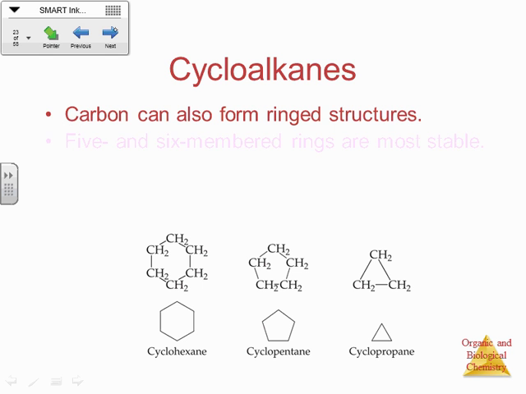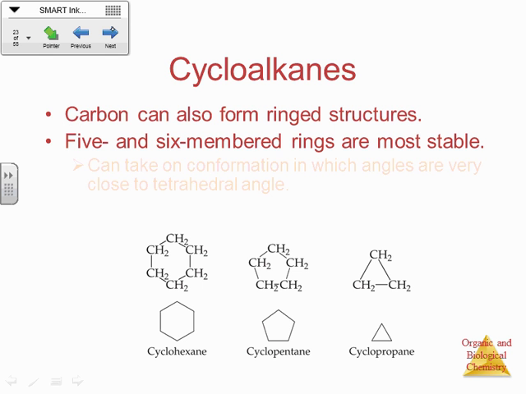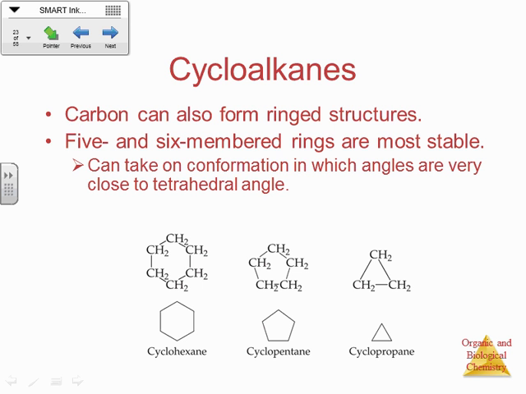Okay, real quick, cycloalkanes, what we've got here is just rings, okay? Carbon can form these ringed structures like a hexane, a pentane, or a propane. Now, cyclopropane doesn't usually happen that often because it sort of starts to strain the bond angles a little bit.